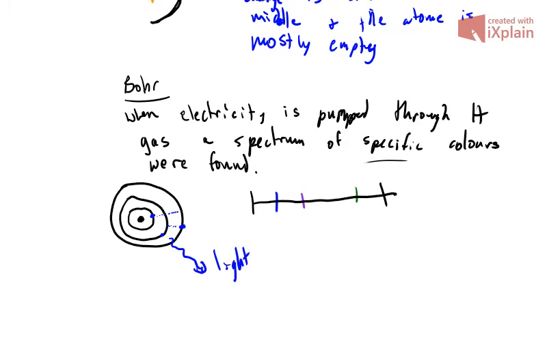That light has a very specific energy because of the jump that the electron made. So that told us about the specific energy levels that atoms have.